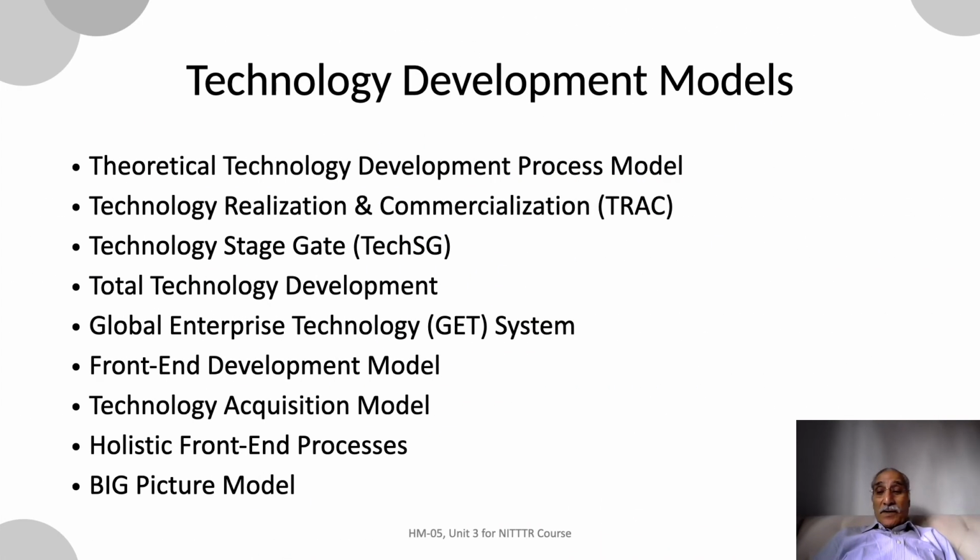As we said, we are going to talk in terms of technology development models, but we must understand three important aspects. Most of these technology development models have multiple model bases, and therefore some of them are process models, some of them are business models, some of them are technology models, some of them are material models, some of them are manufacturing models, and some of them are models that have a combination of all these.